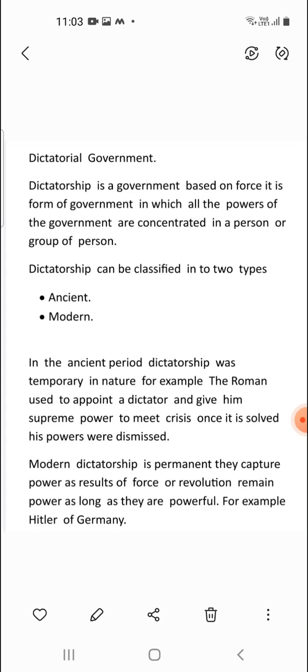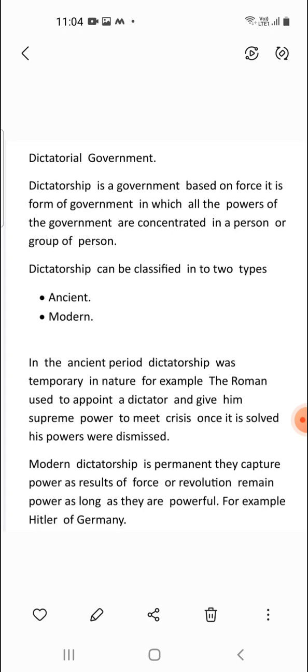The dictatorial government can be classified into two types. One is ancient, the second one is modern. In the ancient period, the dictatorship was temporary. Here, if any problem occurred in the state, people used to elect a particular person and give all the powers to him. And when the problem was solved, automatically the powers were withdrawn and dissolved.